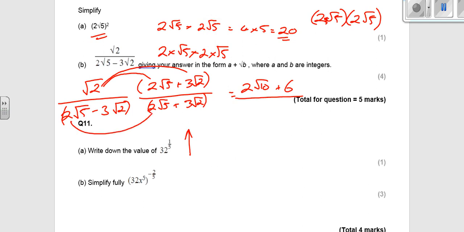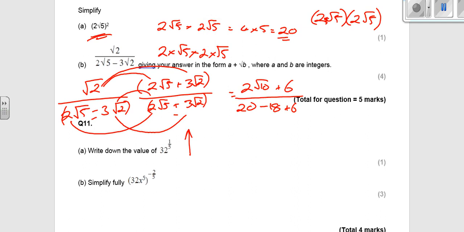So 2 root 5 times 2 root 5, as we discussed up here, is going to be 20. Minus 3 root 2 times root 2 is going to be a minus because you've got negative times a positive. 3 times 3 is 9. Root 2 times root 2 is 2, so 9 times 2 is 18. And then you've got plus 6 root 10.